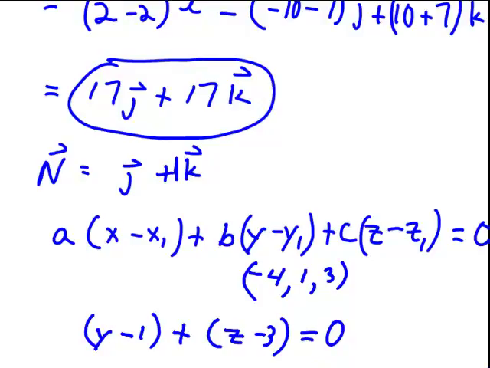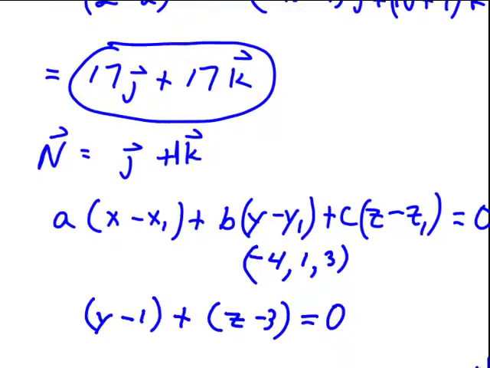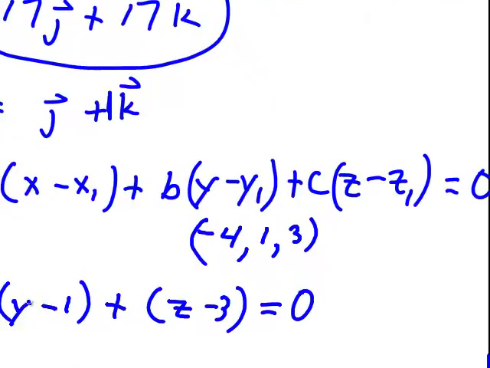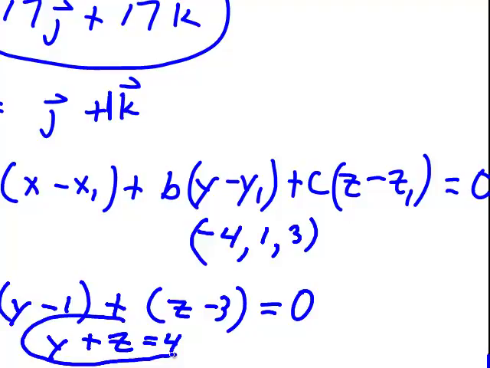That'll be y plus z minus 4 equals 0, or y plus z equals 4 if you move that 4 to the other side. That's it.